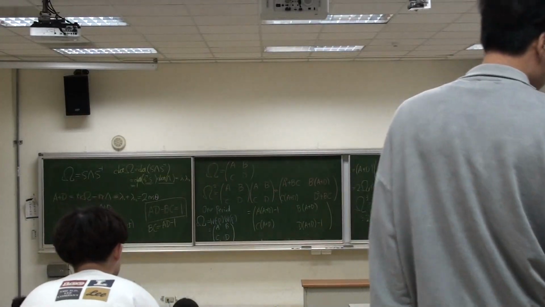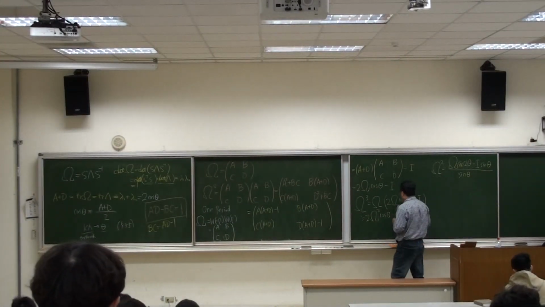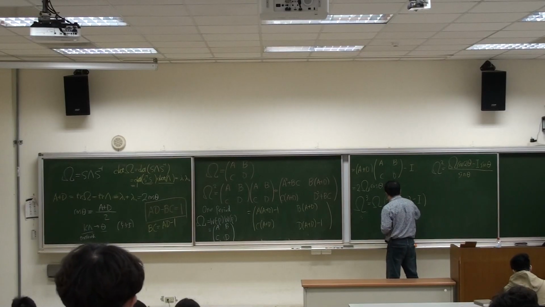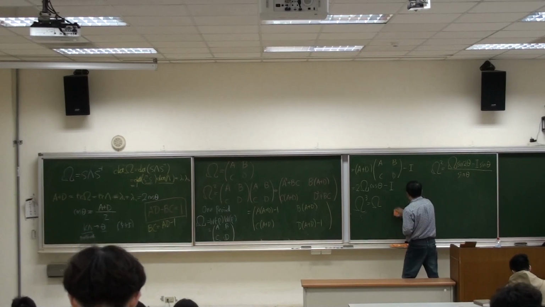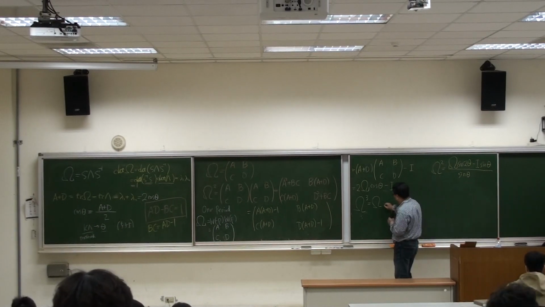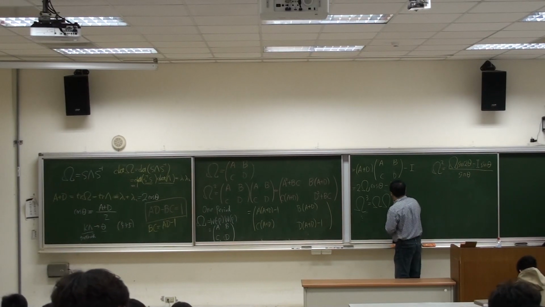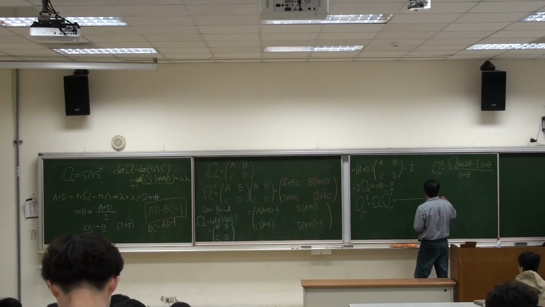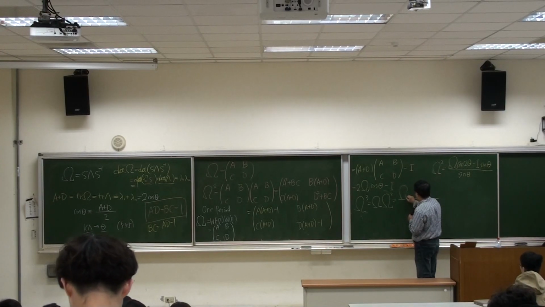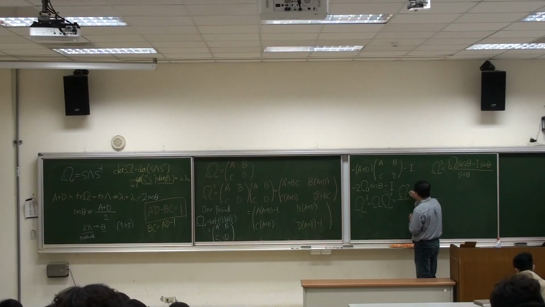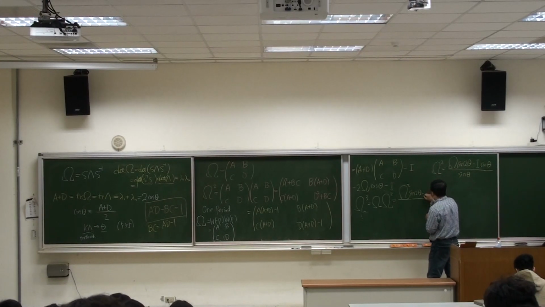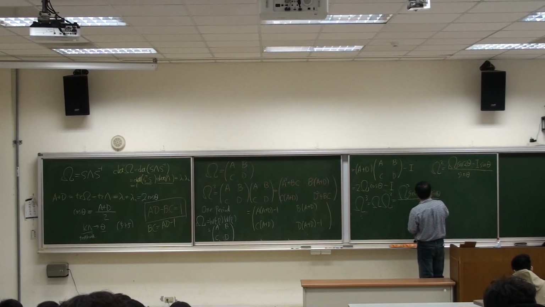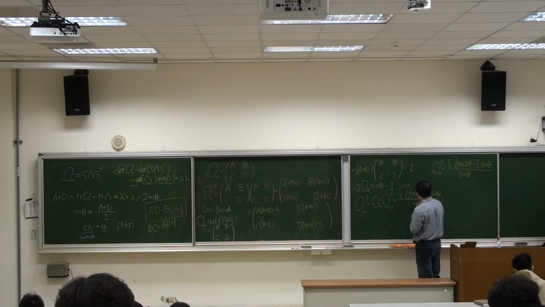So this means that omega times omega squared is equal to omega squared sine 2 theta minus omega sine theta over sine theta.